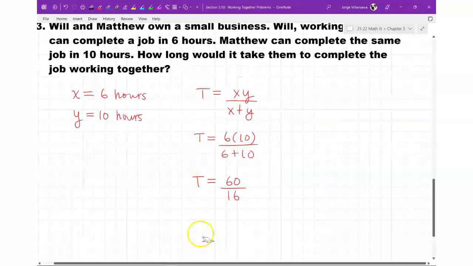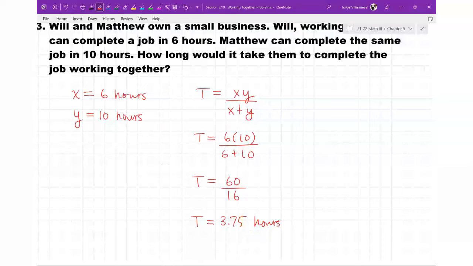So, whoops, T equals 3.75 hours. And there you go, done. I mean, honestly, not hard. Not hard. Looks hard, right? But it's not that bad.